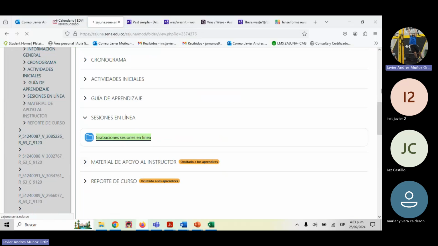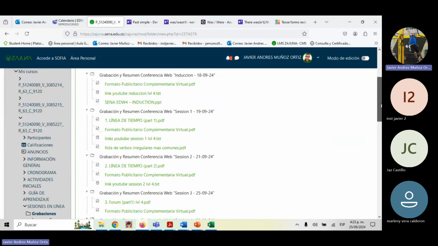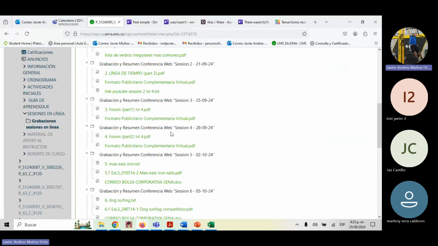And in here, you have to look for the information related to the day I presented it. For example, last week, I uploaded this summary, línea de tiempo, because remember that línea de tiempo was divided in two parts. Today, I'm teaching you something about the forum. So here is the summary of today's session and also the summary of Saturday's session.